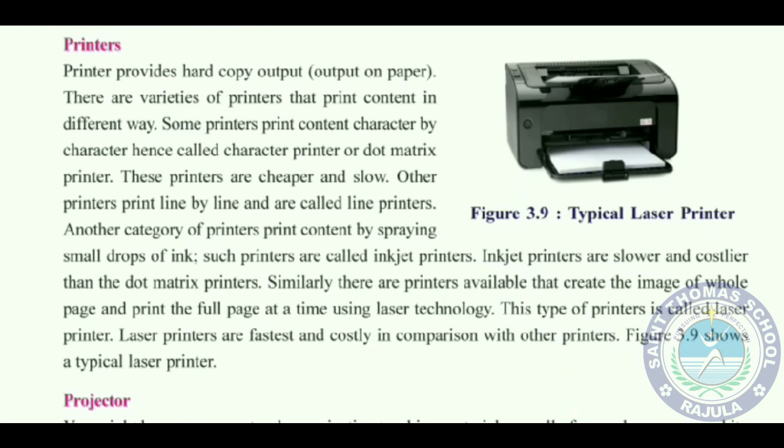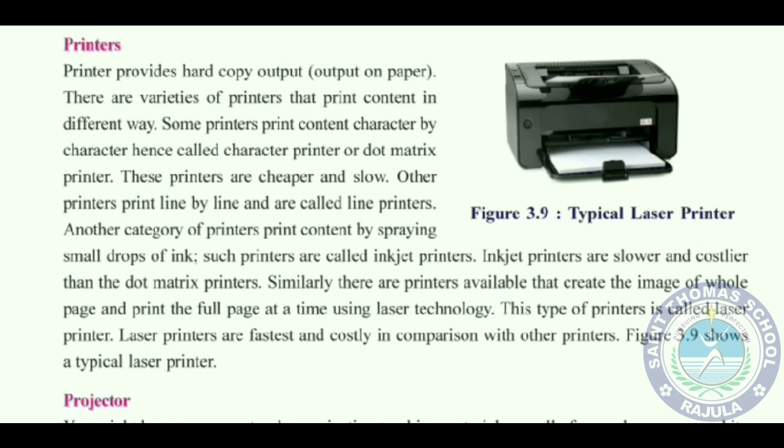Then another category of printer prints the content by spraying small drops of ink. Such printers are called inkjet printers. Meaning first it will spray ink on the paper, and then it will emboss the character on the paper.